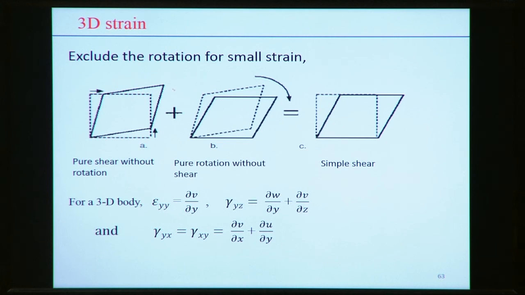Now with the deformed shape, if we simply rotate, then it takes this shape, that is called the simple shear. So that simple shear, this angular form actually consists of both parts. So here we can already define the normal strain like that, but the shear strain is this component and that component, which comes from two different parts, and finally the shear strain is represented by the two components.